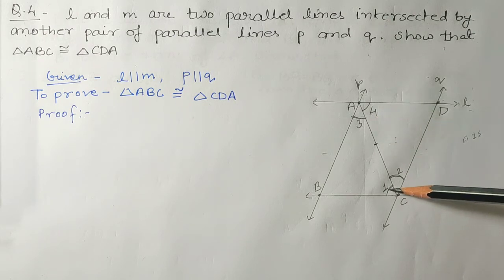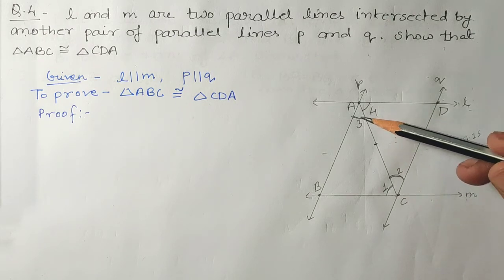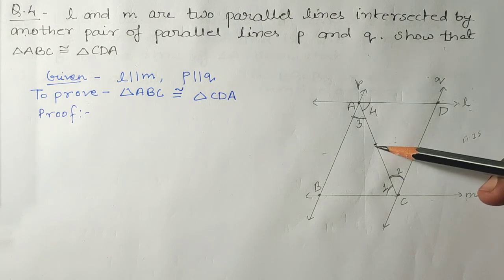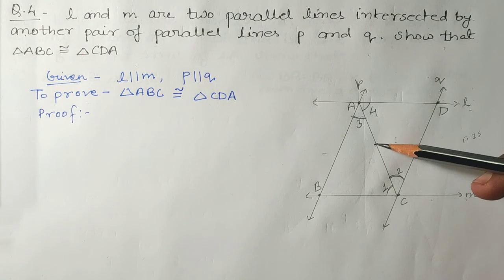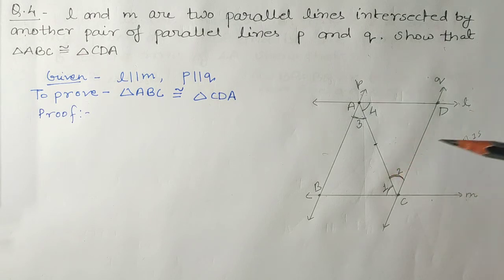If two angles and the included side of a triangle are equal to two angles and the included side of the other triangle, then these two triangles are congruent by the criterion of angle side angle. So we'll prove this question by the angle side angle criterion.